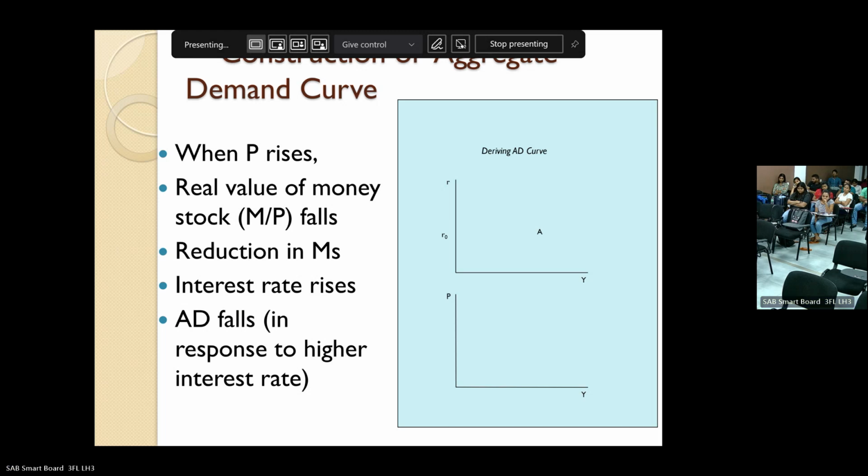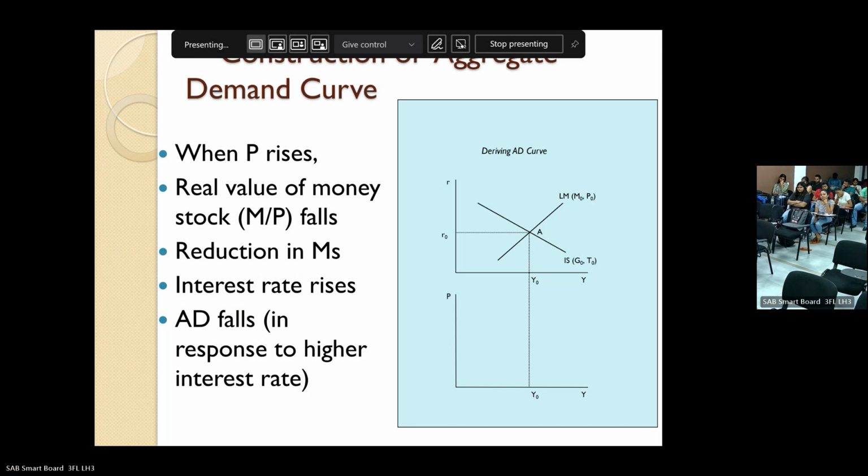Now we are going to derive the aggregate demand based on the IS-LM analysis. This is the initial situation. We know the IS curve and the LM curve. On the IS curve we take T0, G0, and those are the shifting variables.